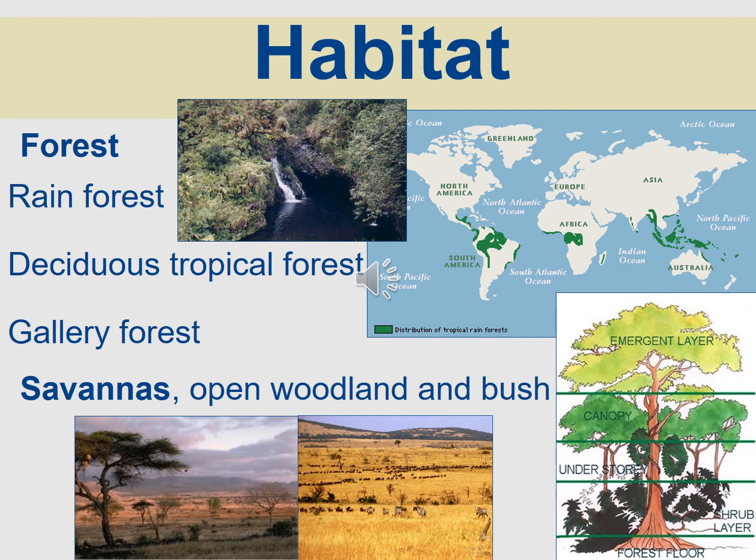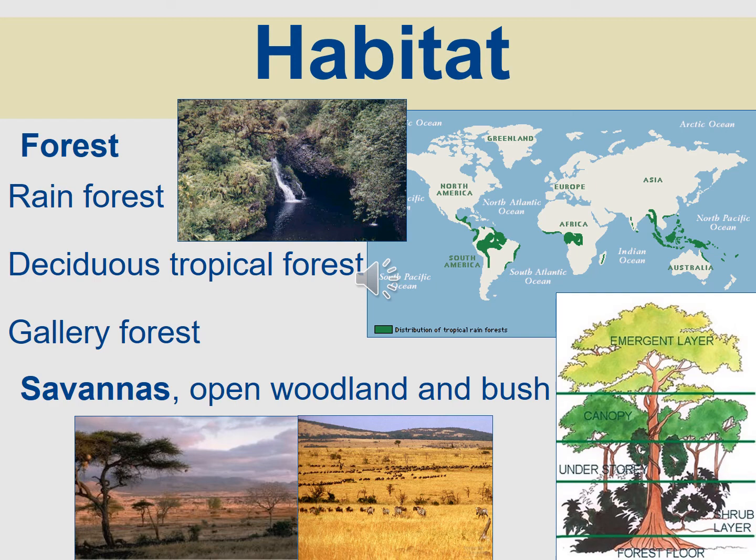Again, primates mostly live in tropical or subtropical areas, and that includes rainforests, deciduous tropical forests, as well as gallery forests. Now, there are, of course, a few exceptions, right? Even you're a primate. Not all human primates live in tropical and subtropical areas.